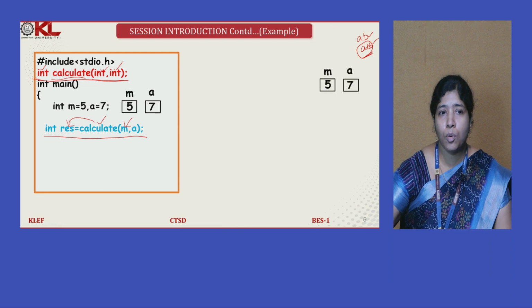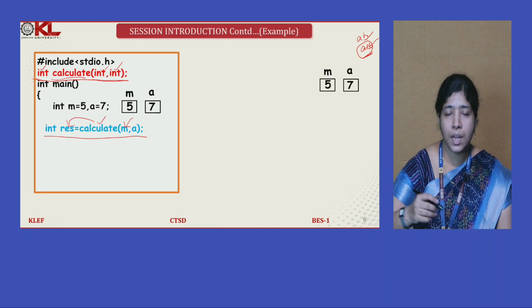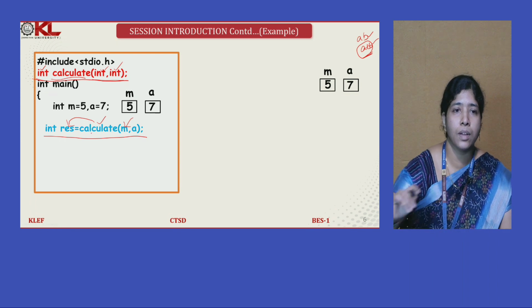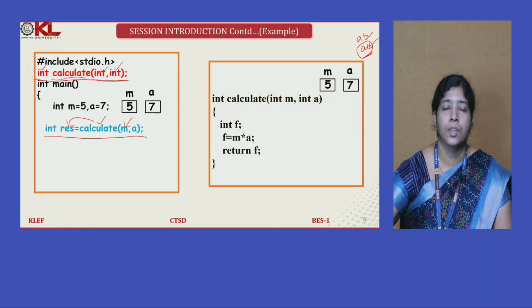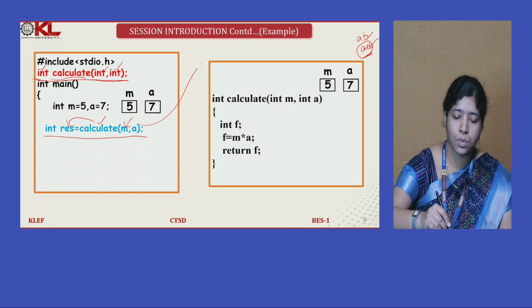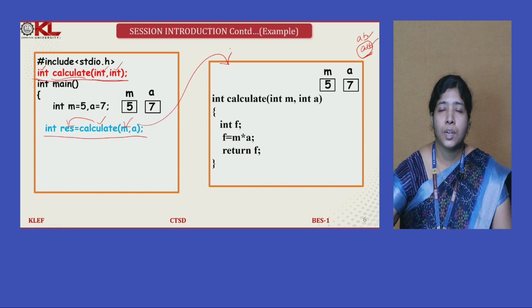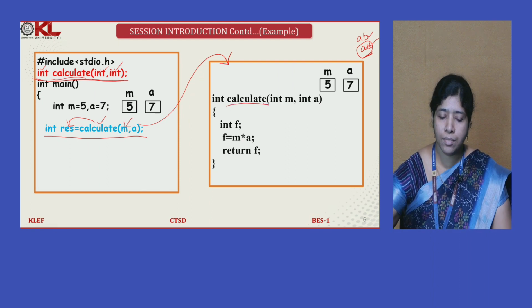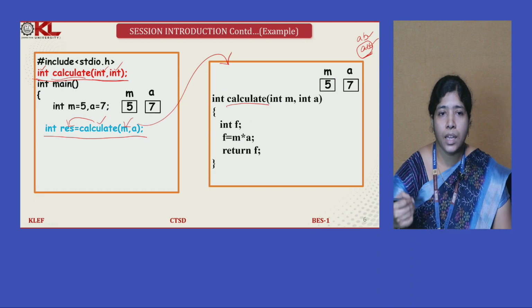And the moment you say this, these m and a values are passed to the user defined function, that is calculate. This immediately invokes the sub function named calculate. Can you see here? Now it takes the inputs m and a. M value will be 5 and a value will be 7.